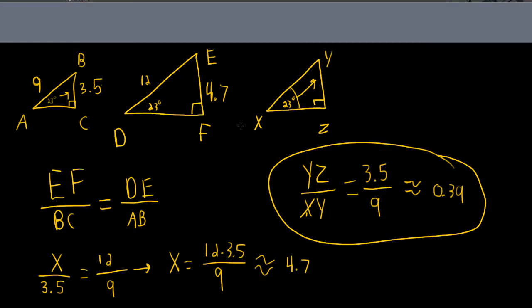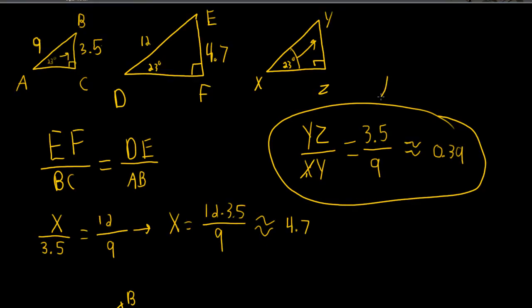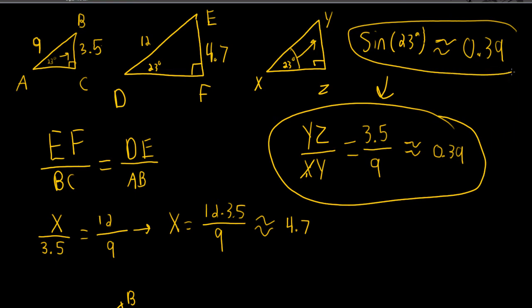So all the work we did up here tells us that the sine of 23 degrees, that's our angle A, our angle D, and our angle X, is always just about equal to 0.39. And it all comes from that proportion that we found just through similarity of different right triangles. So that is the first definition of our trigonometric formulas.